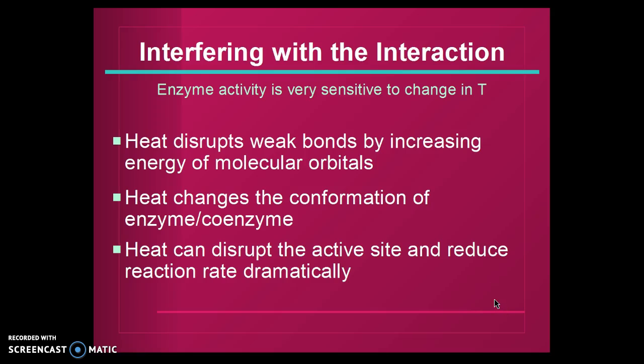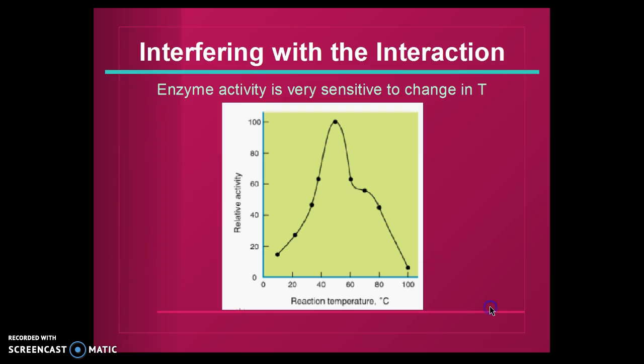That's why you do not like fevers to be much over 102 Fahrenheit for any length of time. As you can see, the enzyme activity against the reaction temperature in Celsius, and when it gets into this region here, it's highest, and then it rapidly falls off and is essentially dead at 100 degrees Celsius.